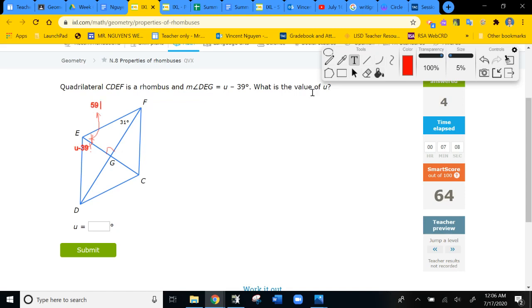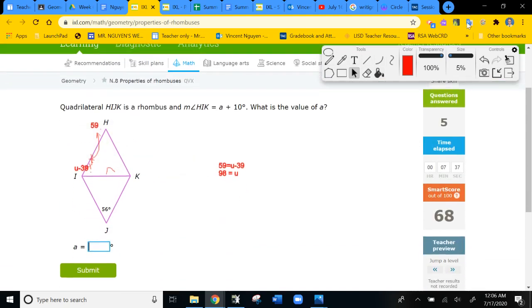So I can set 59 equal to U minus 39, and then I would add 39 to 59. I would get 98, and that would equal U. So let's put that in and see if my mental math has failed me.